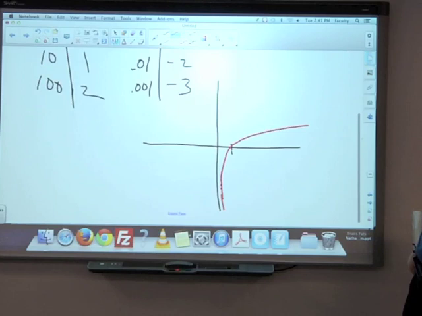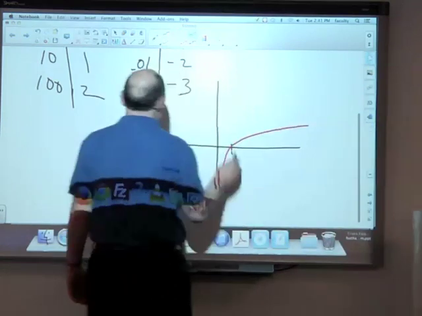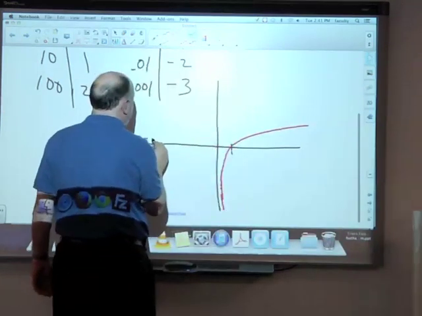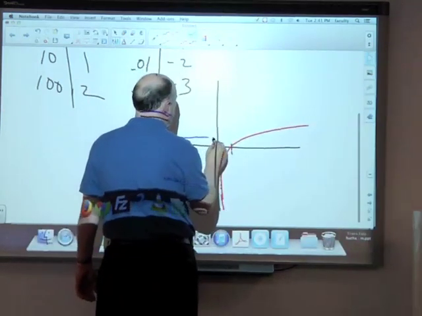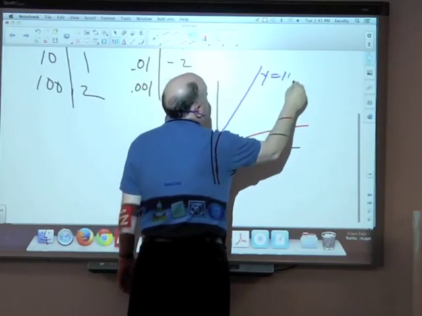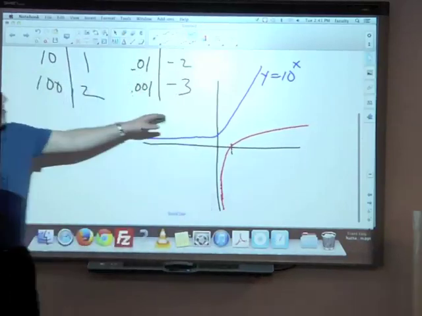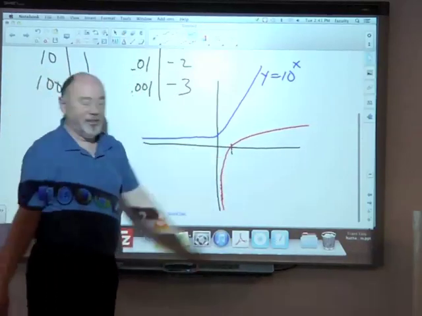If I graph y equals 10 to the x, it looks like that. This was my exponential. This is my log function.